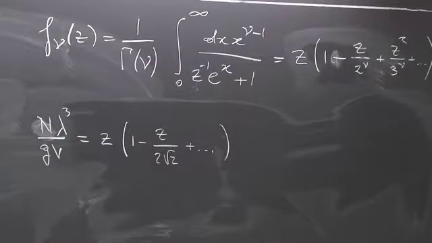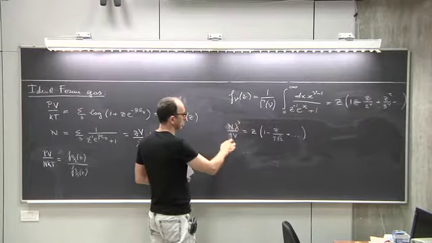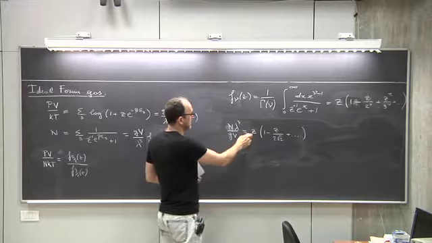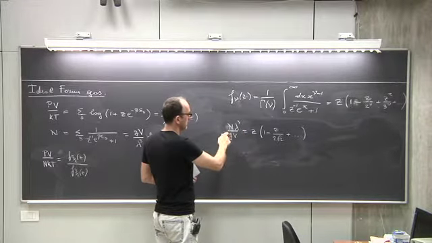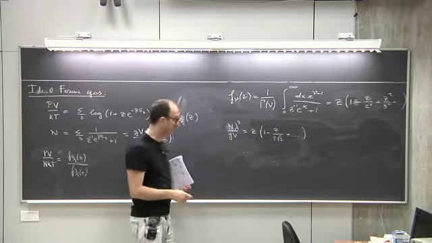And now this will be your small parameter. You want to compute z as a power series in this small parameter and compute the leading order term.